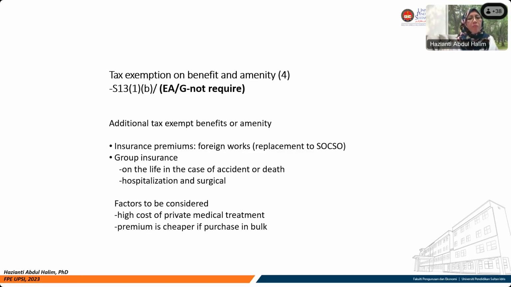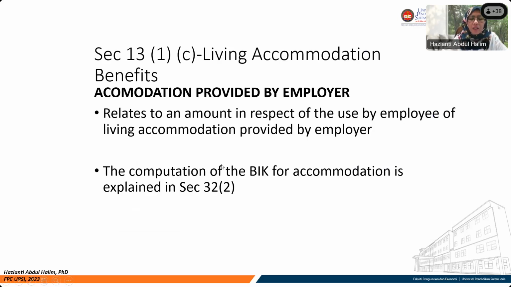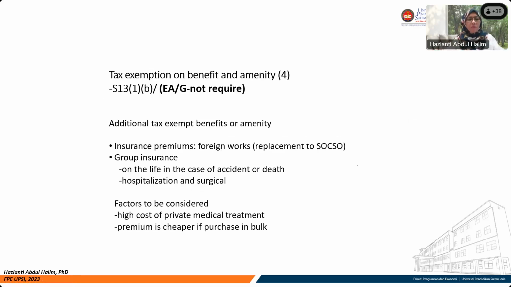And the premium that you pay for group insurance is normally cheaper lah, because group insurance ni dia purchase in bulk. And the insurance premium ni is actually tax exempted. So this is how we can maximize the tax exemption on benefit and amenity. So this is under section 13 1B.